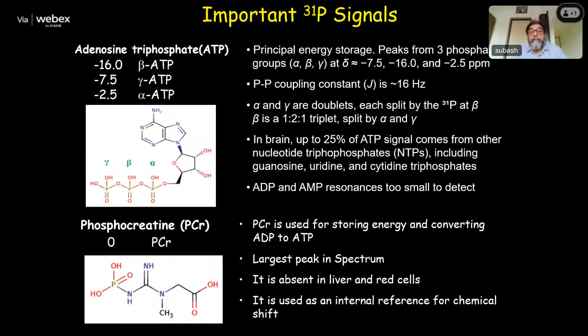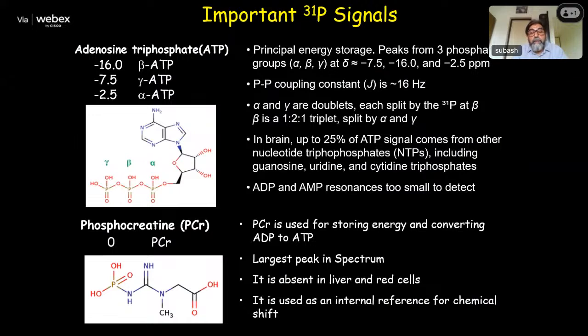In brain, up to 25% of ATP signal comes from other nucleotide triphosphates, NTPs, including guanosine, uridine, and cytidine triphosphates. So there are many other components which fall under these peaks. ADP and AMP, adenosine monophosphate, resonances are too small to detect using in vivo MR spectroscopy.